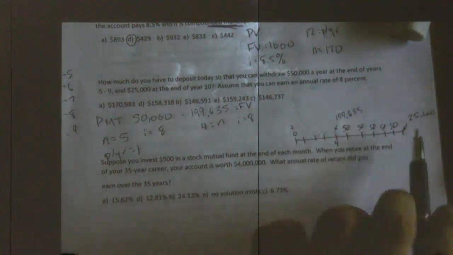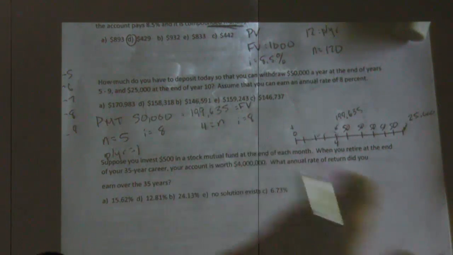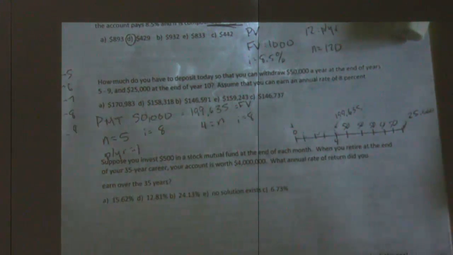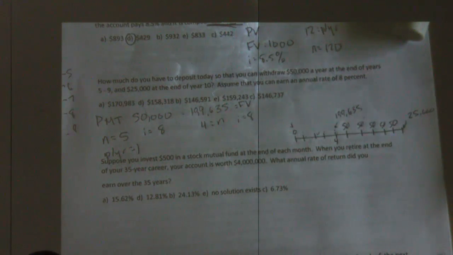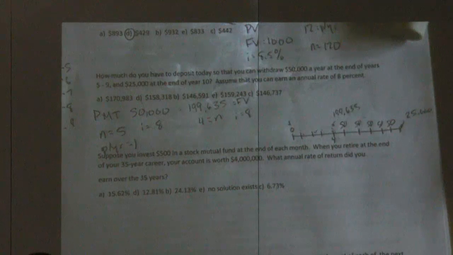And since we have an annuity here, another thing you can do is use the cash flow button. I'm not a big fan of that, because I always rely too much on the cash flow button. With the cash flows, through years 0 through 4, you're going to have 0 cash flow. You guys are familiar with the cash flow button, correct?